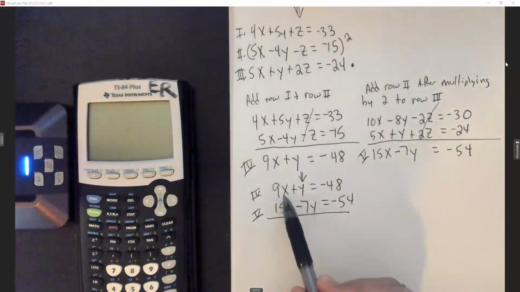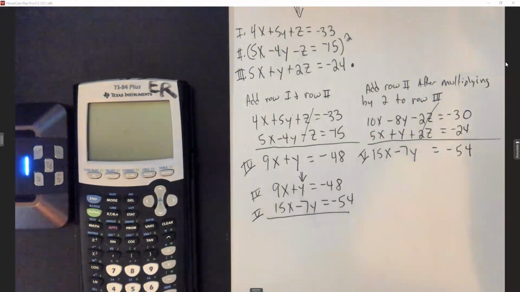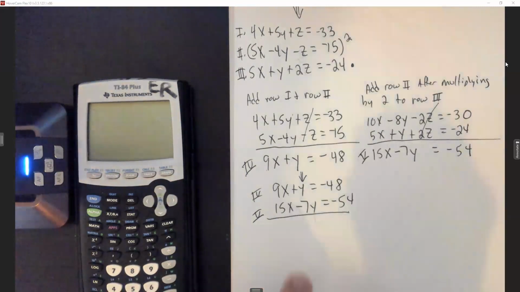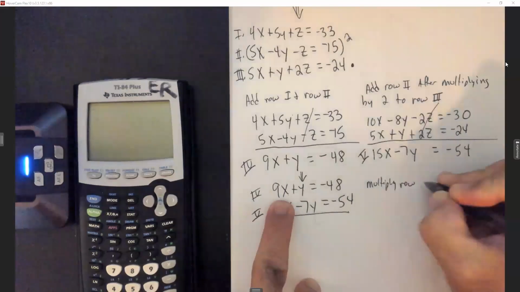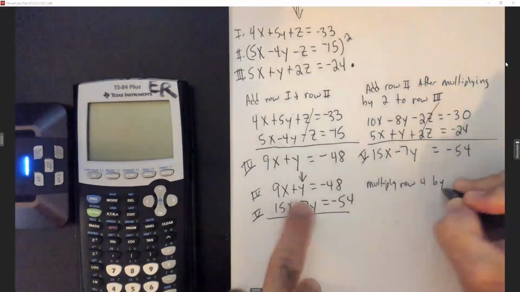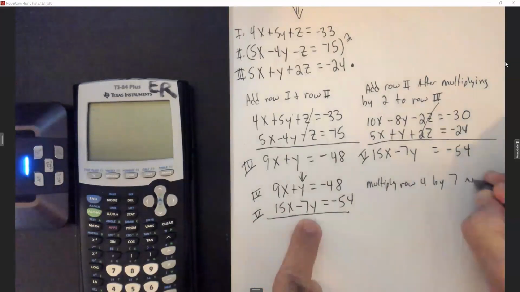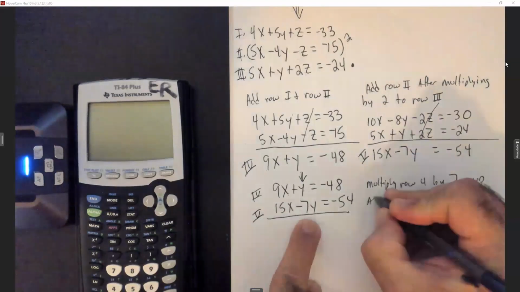It'd be hard to get rid of the x's because you have a 15 and a 9, and you would have to find some kind of number they both go into. So what I'm going to do is multiply row 4 by 7 and add to row 5.